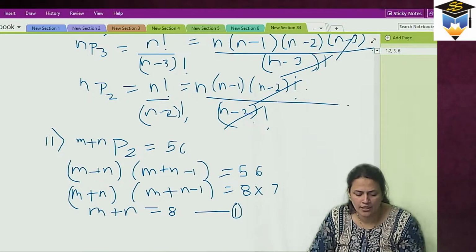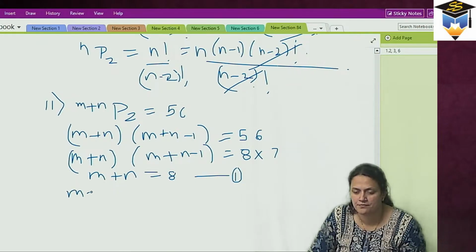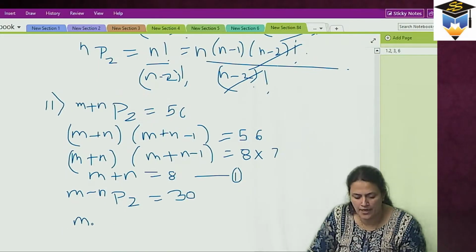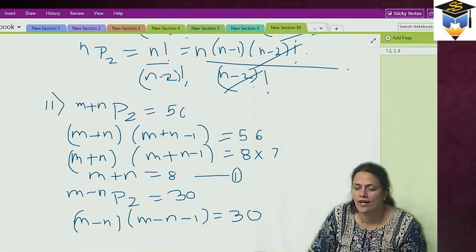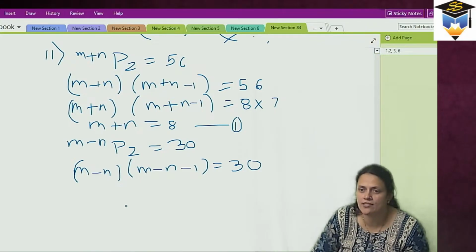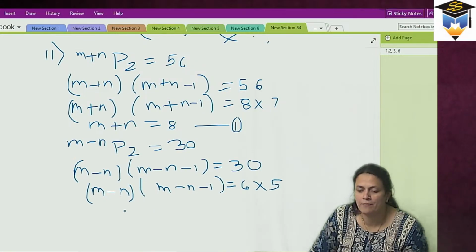Similarly, m minus np2 can be written as m minus n into m minus n minus 1. Or I can write 30 as consecutive numbers. What are the factors? So can I equate m minus n equal to 6?